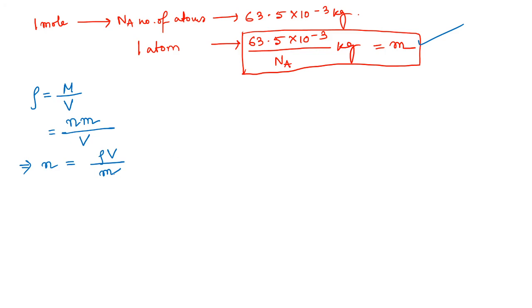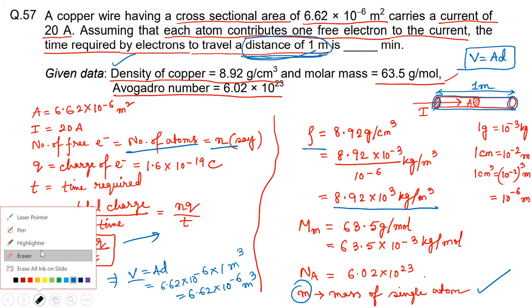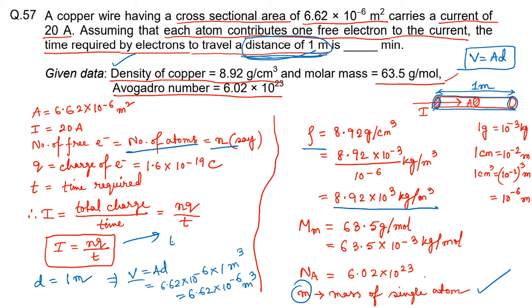Now we had this formula, that is I equal nq by t, from where we need to calculate t, the required time.